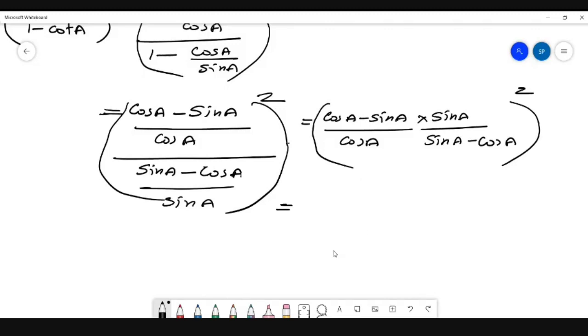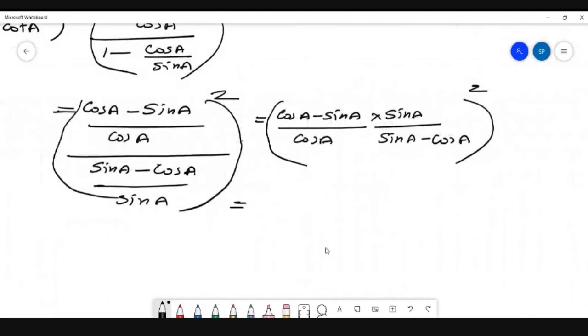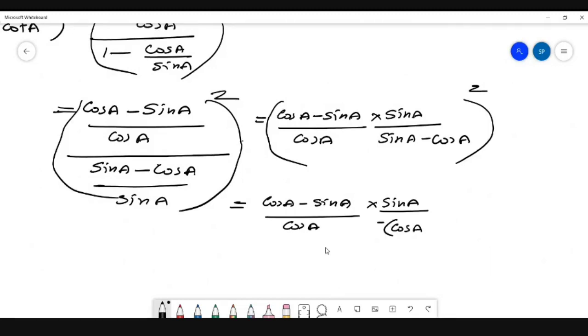Once again, we have cos A minus sin A here, and here we have sin A minus cos A. If you take a negative sign outside, we can rewrite the expression as (cos A minus sin A) divided by cos A into sin A, divided by minus of (cos A minus sin A) whole square.